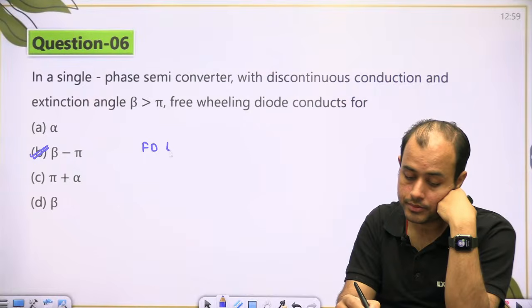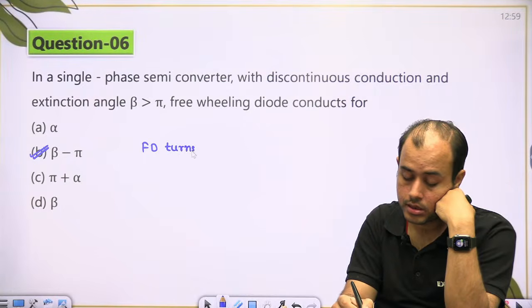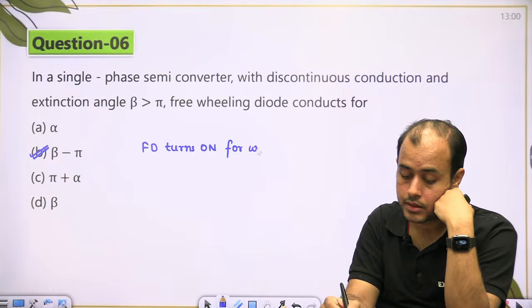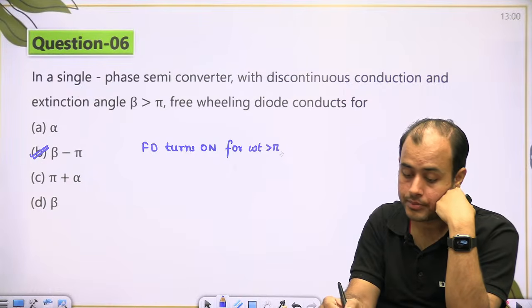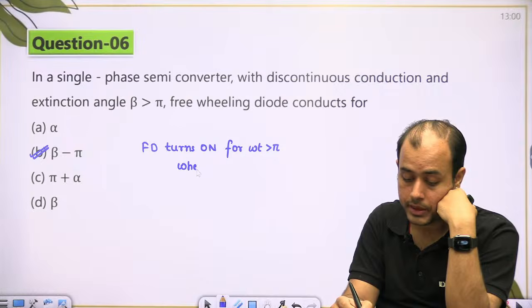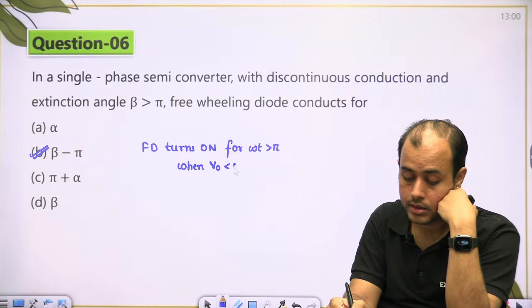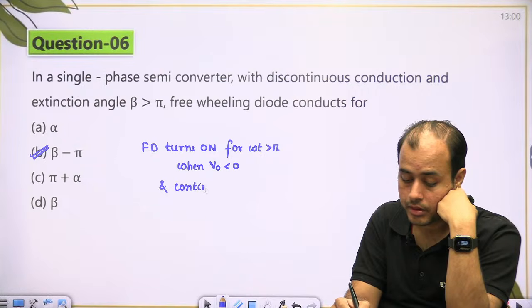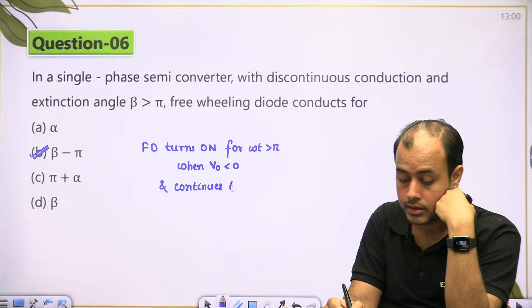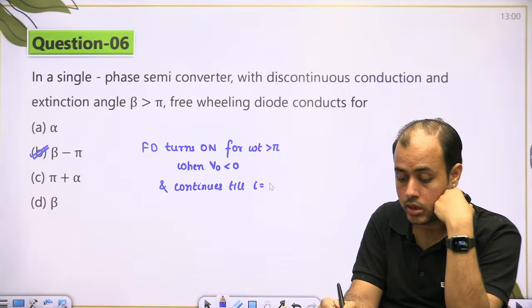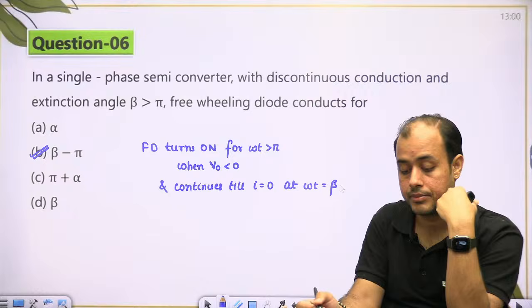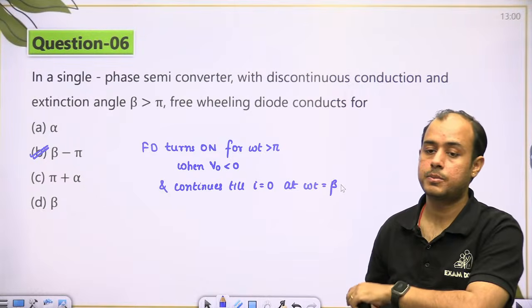Freewheeling diode turns on for omega t greater than pi when V naught becomes negative and continues till I equal to 0 at omega t equal to beta. So it is beta minus pi.